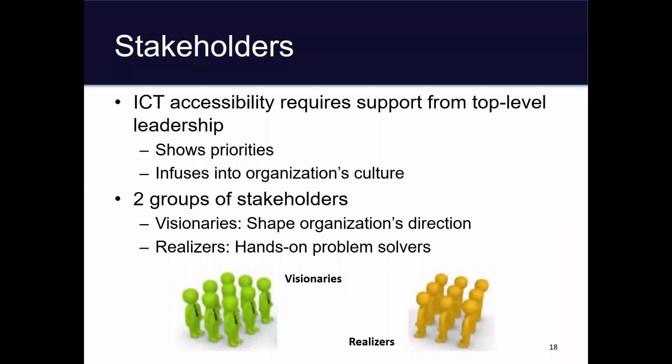Regardless of where I'm housed, though, there's a lot to learn as the organization and I work together. ICT accessibility isn't just my responsibility. It also requires support from top-level leadership to make it a priority and to infuse it into the organization's culture.